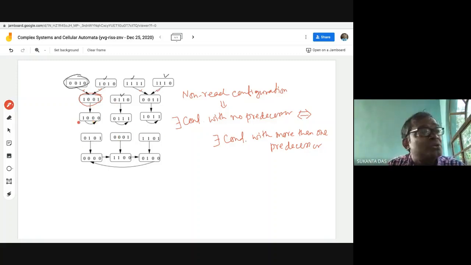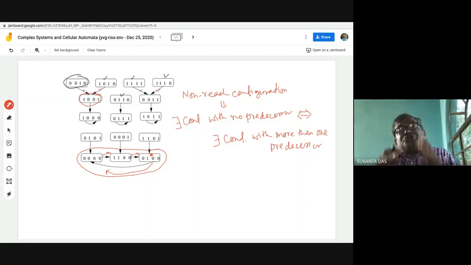I was talking about the cyclic configurations. These configurations are cyclic configurations. Why? See, it forms a cycle from 0000 to 1100. From there, I can go to 0100, and from this one, I can come back to the start. So it forms a cycle. In this diagram, you can find 1, 2, 3, and 4, 5, 6, six cyclic configurations.